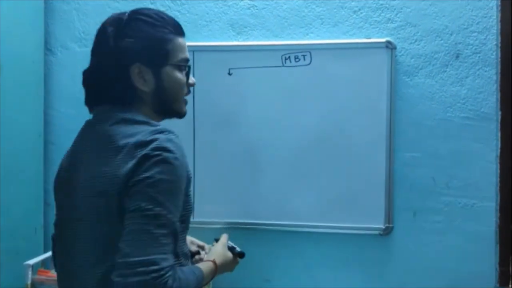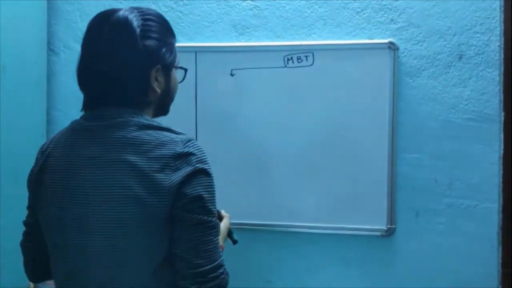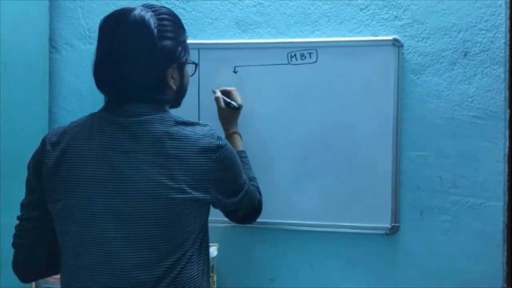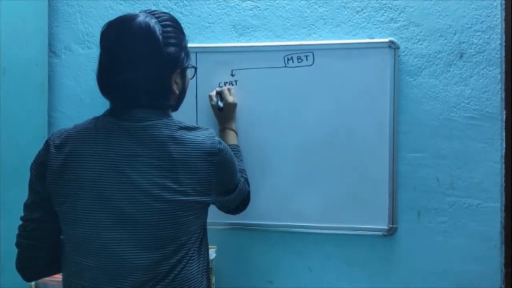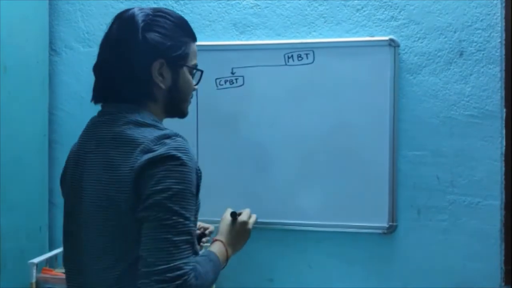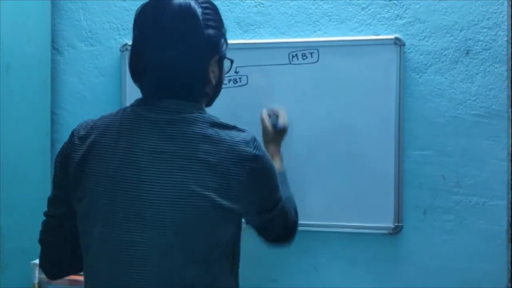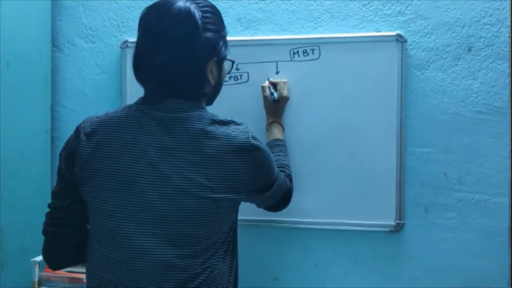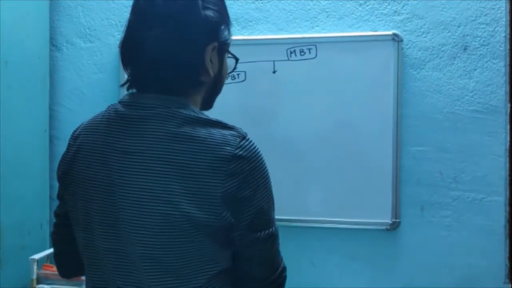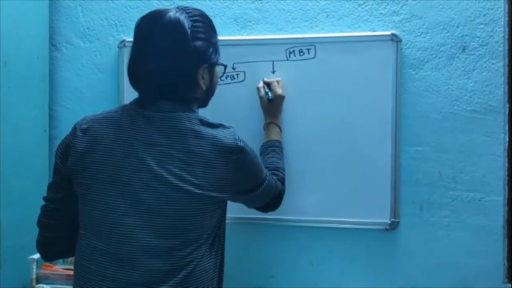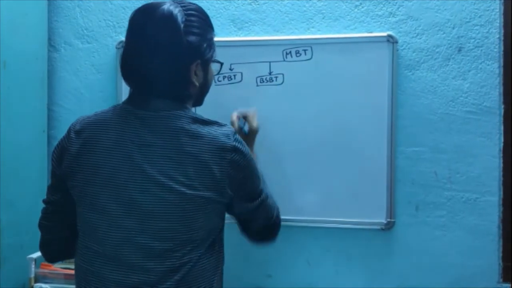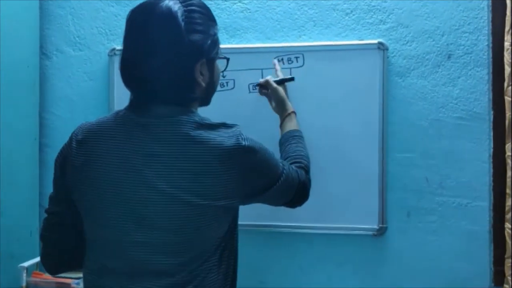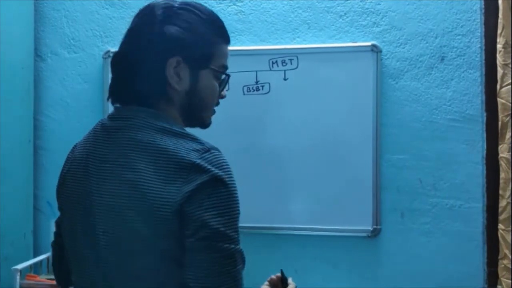So we can exchange M with CP. We can also replace match with CPBT, BSBT, and we can also replace M with two stamps.